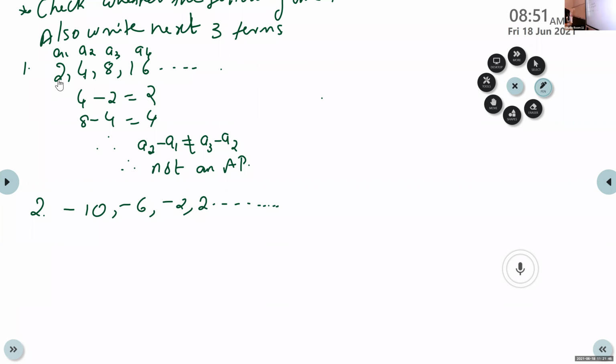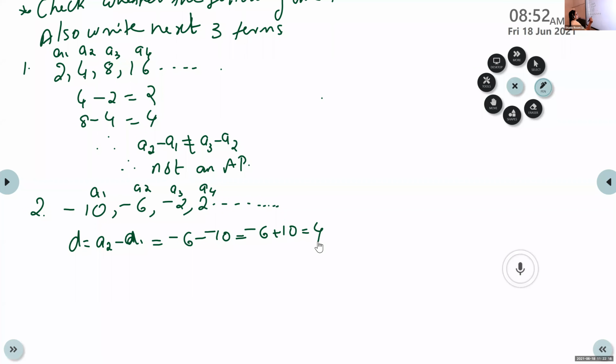Second question: minus 10, minus 6, minus 2, 2, etc. Check whether it is an AP or not. It is an AP. We can check: this is A1, A2, A3, A4. A2 minus A1 is minus 6 minus minus 10, which is minus 6 plus 10, 4.